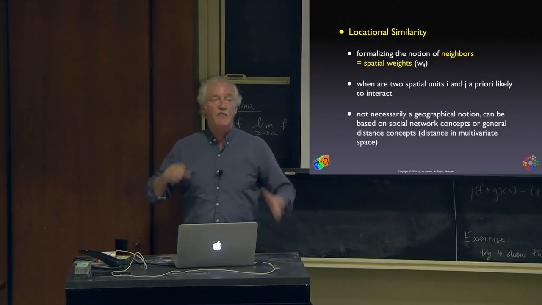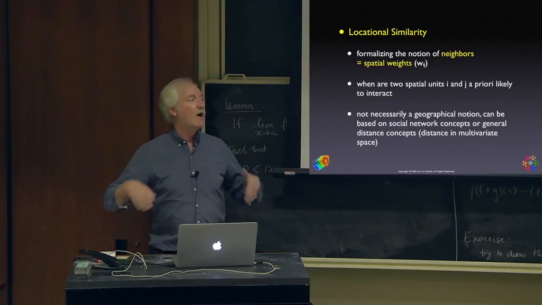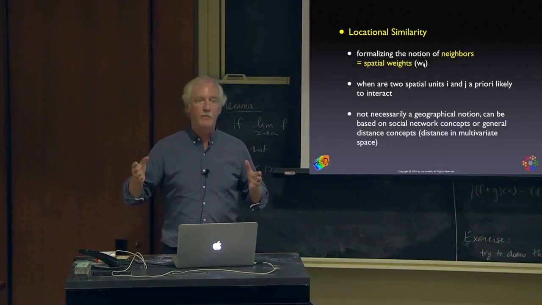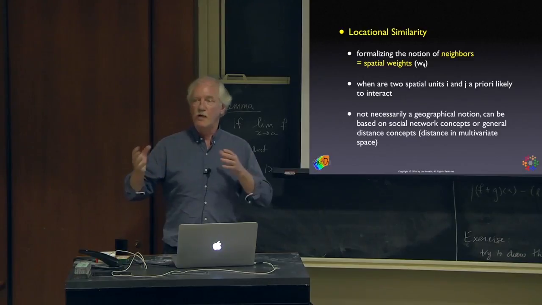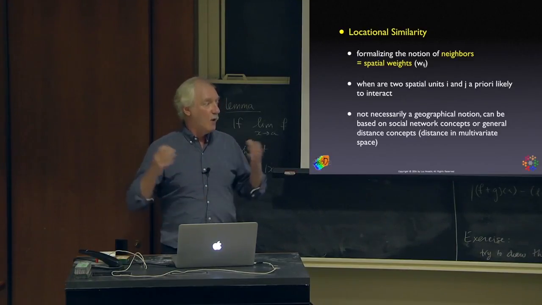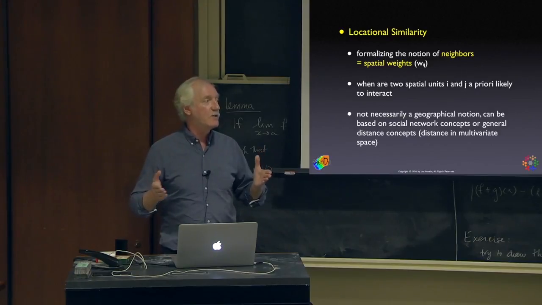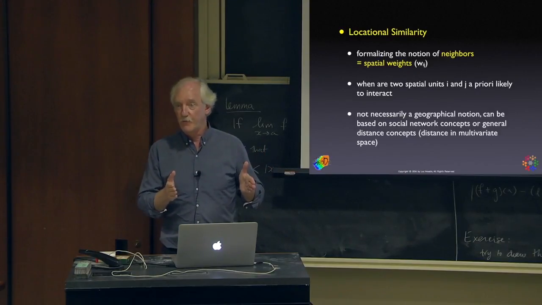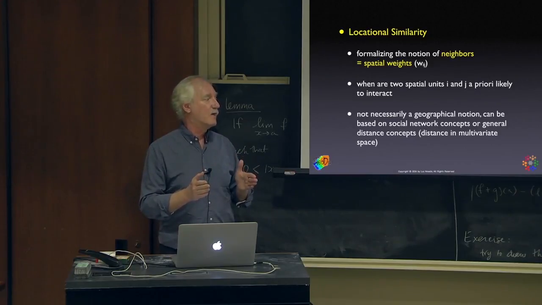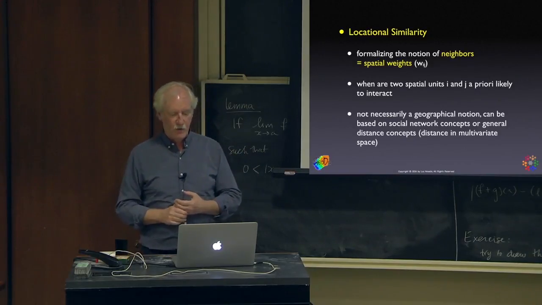We know that if they're far enough apart, they are unlikely to interact. So then we shouldn't include them if we're looking for the effect of the neighbors on a particular location. Of course, the million-dollar question is, what is far enough, right? How do we define that cutoff point? And that's some of the stuff we'll be looking into.